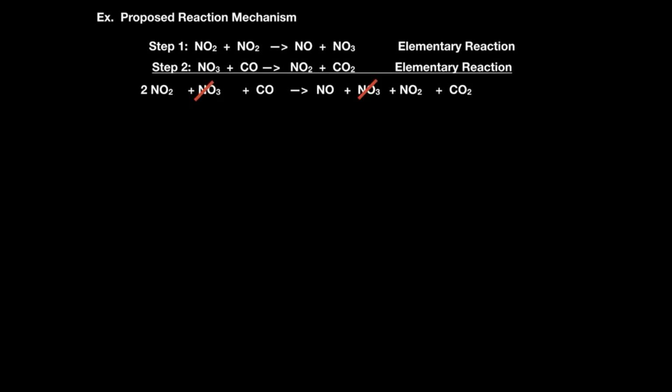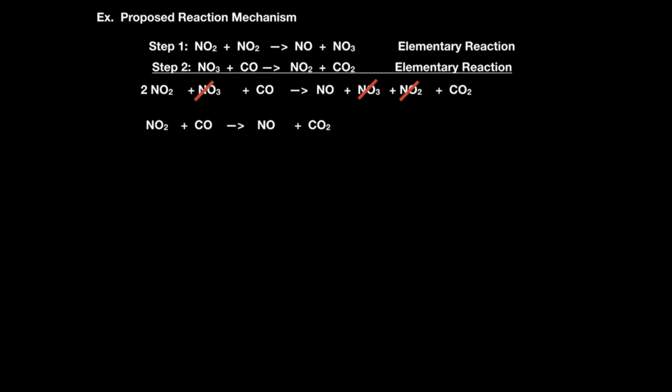I can simply get rid of the one on my product side and make the 2 NO2s into just 1 NO2. So I'm going to have just NO2 now because the 2 NO2s became just 1 since I simplified. Carbon monoxide producing nitrogen monoxide and carbon dioxide. And that is my overall reaction there.